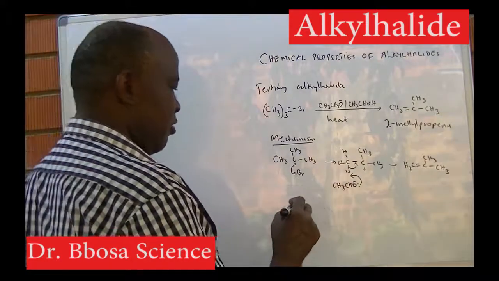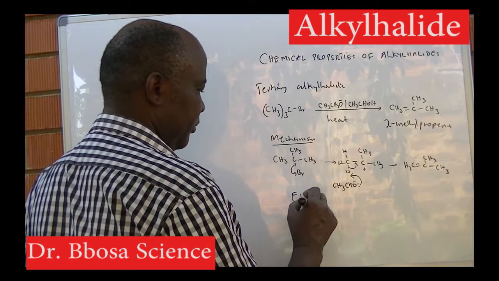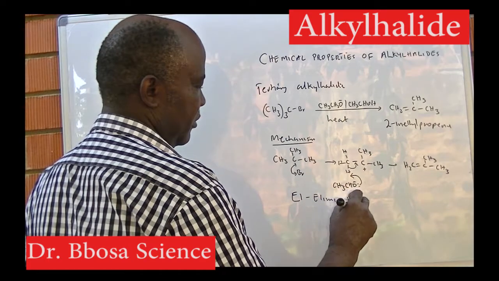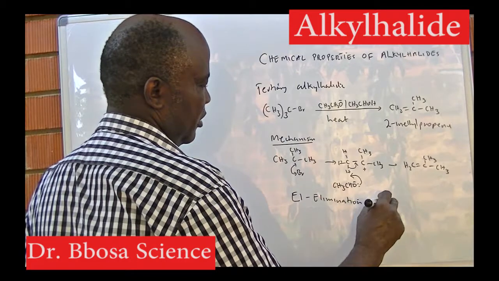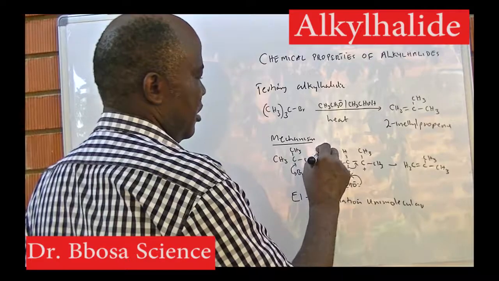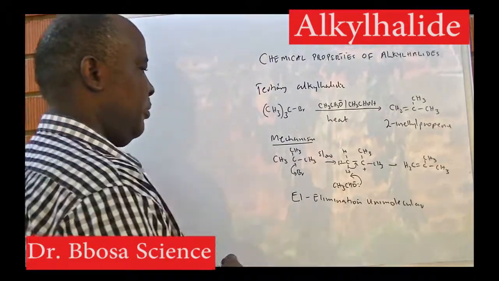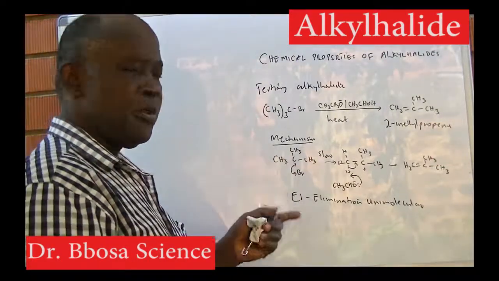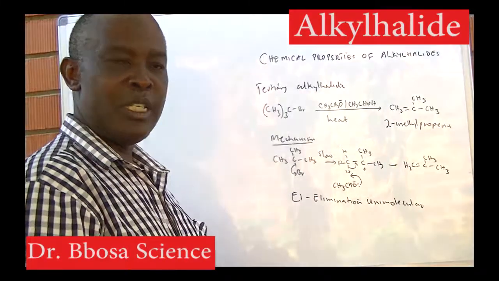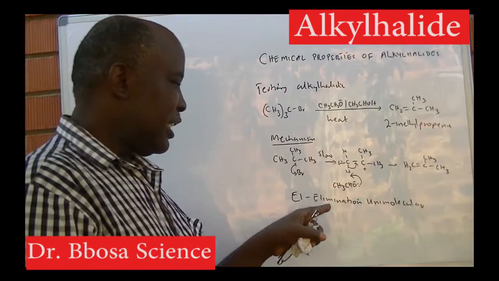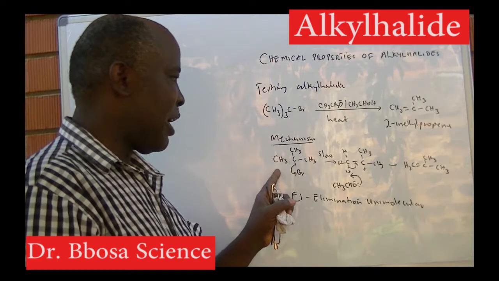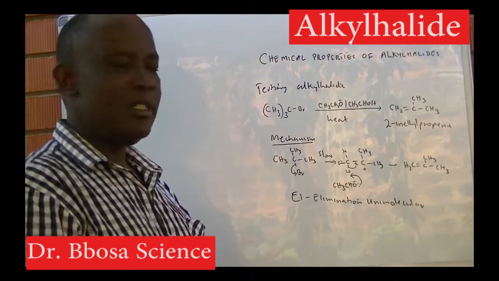The mechanism is described as E1 because the slow step involves only one molecule, or ionization of 2-bromo-2-methylpropane. Then it is an elimination reaction because we are removing a hydrogen atom and a bromine atom from these 2 carbon atoms to form a double bond.